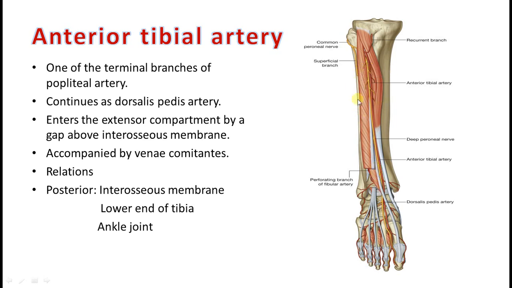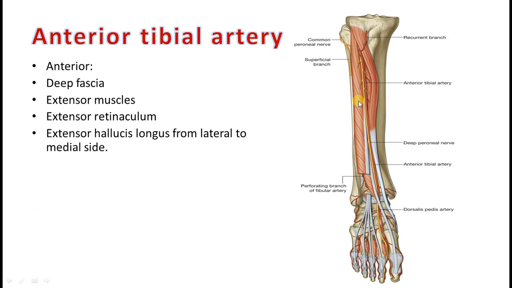Anteriorly, it is covered by the muscles and the deep fascia, then by the superior extensor retinaculum, and in the lower part it is crossed by the tendon of extensor hallucis longus from the lateral side to the medial side.